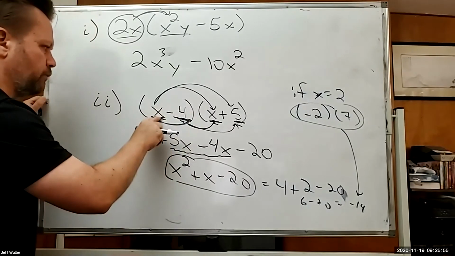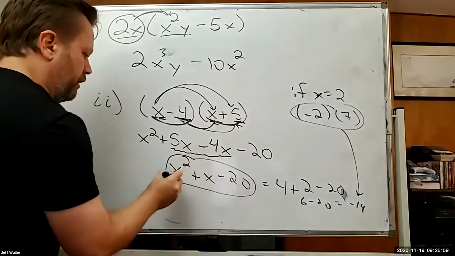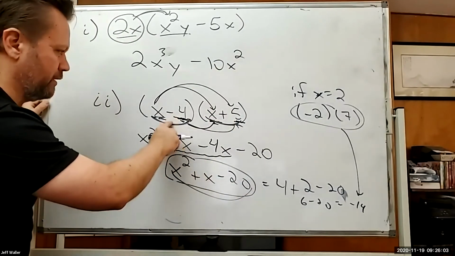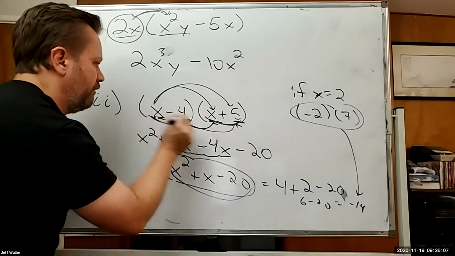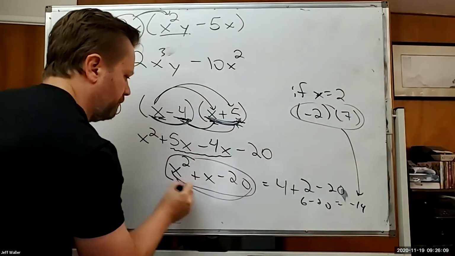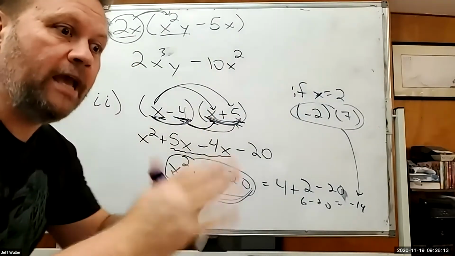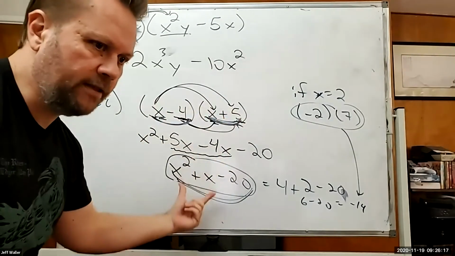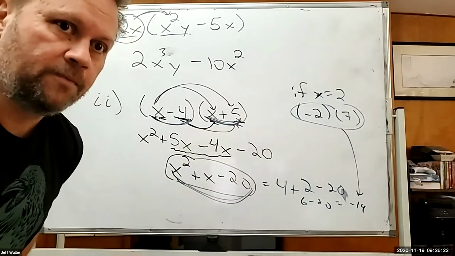If I knew what X was, it would be a number, times another number equals a number. Ooh, ground shaking. But the reason this is harder than multiplying numbers is because I'm multiplying an infinite number of numbers together. That's what we're doing, because what could X be? Anything.